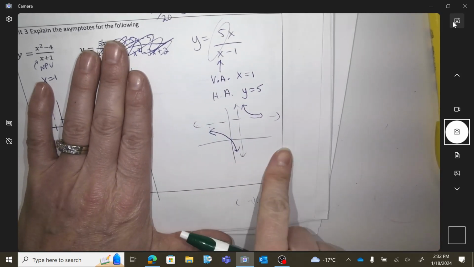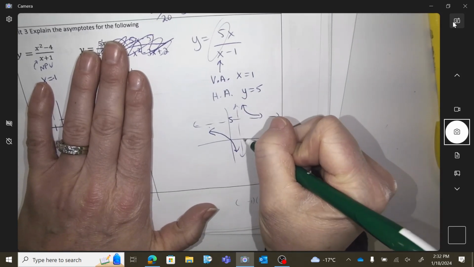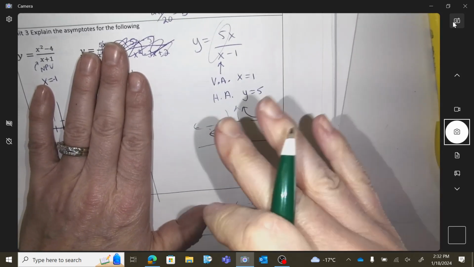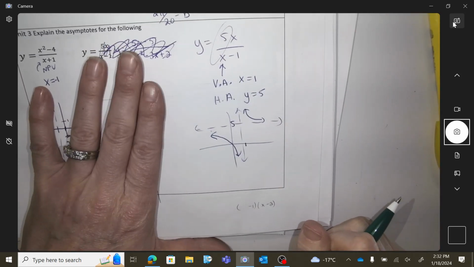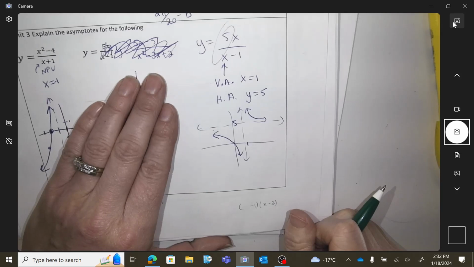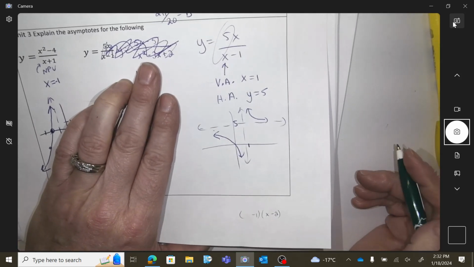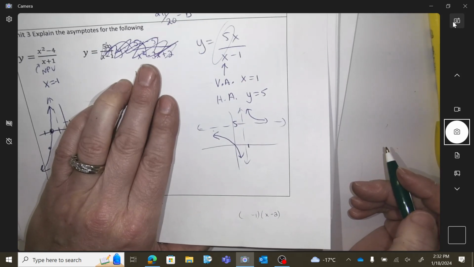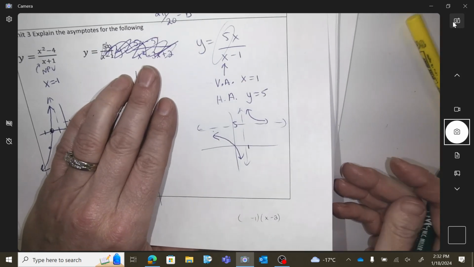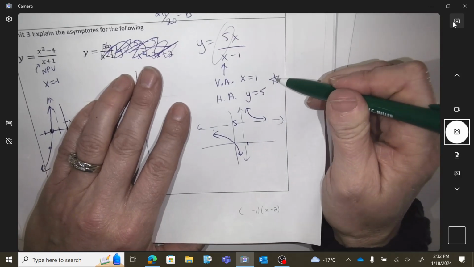Okay, that's kind of the idea, right? Then you plot some points. So understand the rules.